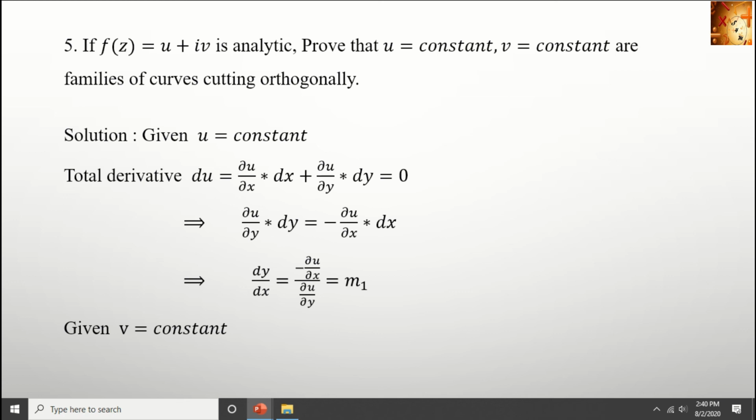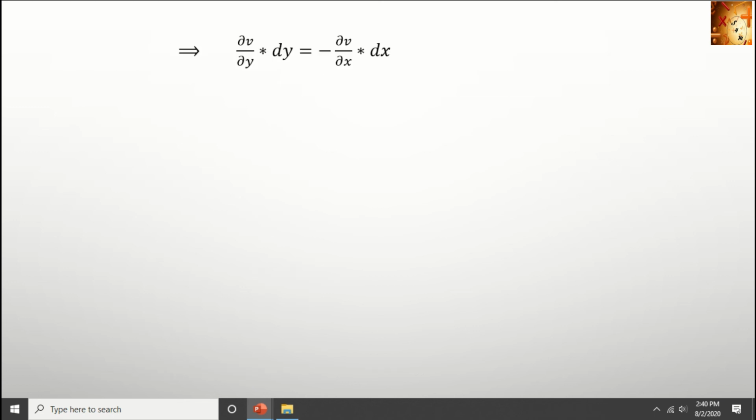Finding the total derivative, dv equal to dou v by dou x into dx plus dou v by dou y into dy equal to 0. From that, dou v by dou y into dy equal to minus dou v by dou x into dx. Then dy by dx is equal to minus dou v by dou x divided by dou v by dou y, which is the slope of the second curve, m2.